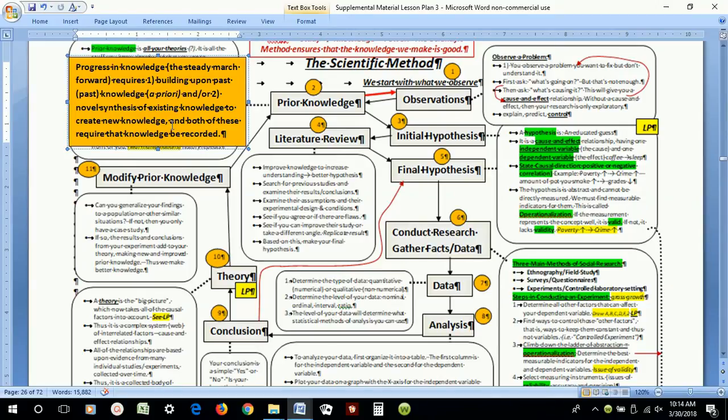So to create new knowledge, you're either expanding upon prior knowledge or you're synthesizing in creative ways that increase understanding. And both of these require knowledge to be recorded, knowledge to be passed on. So books are a great means for sharing knowledge, so that you don't have to continuously reinvent the wheel, and you make progress.